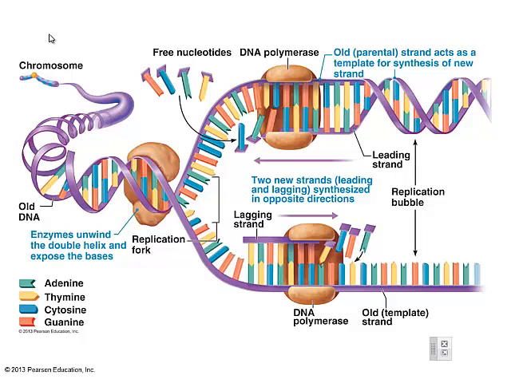DNA polymerase enzymes. I'm going to bring those free nucleotides in. First I have to do what, though, to my original material? I have to pull it apart so I can make 2 copies.